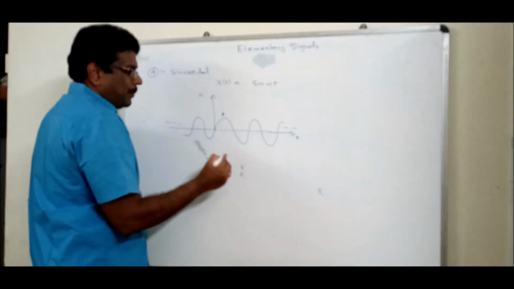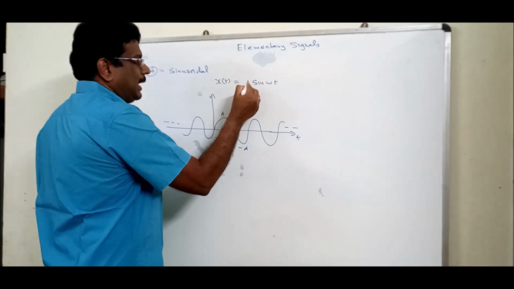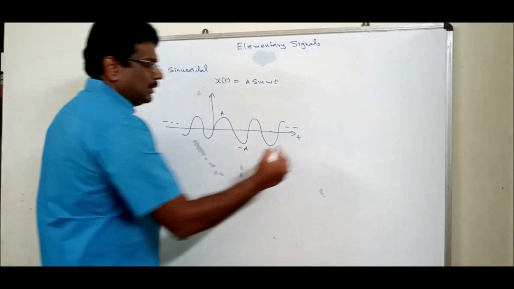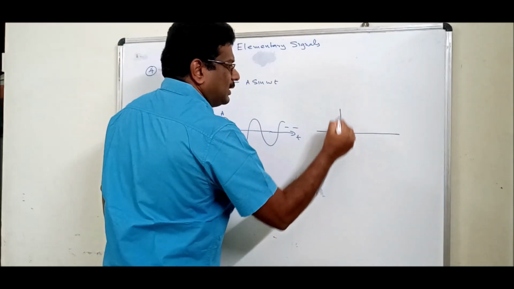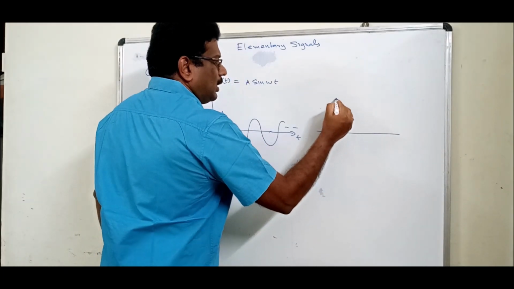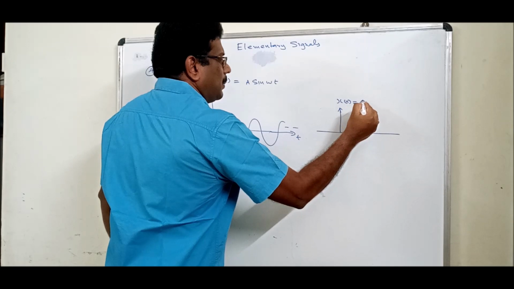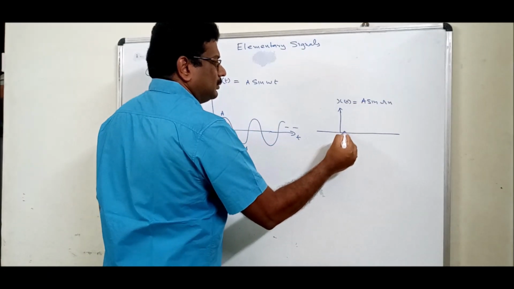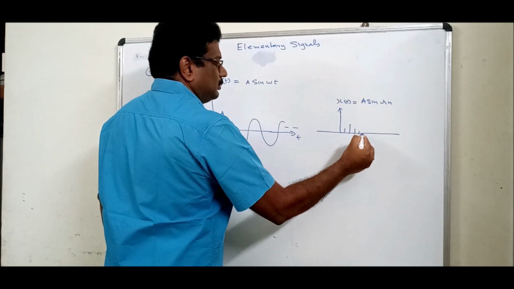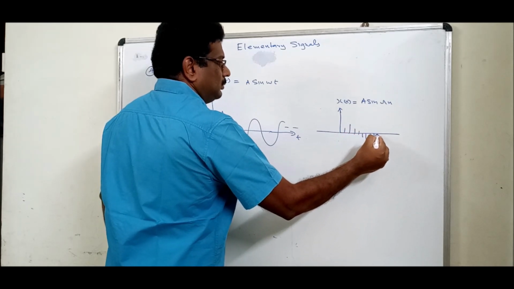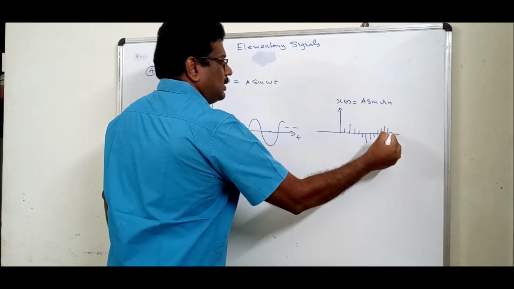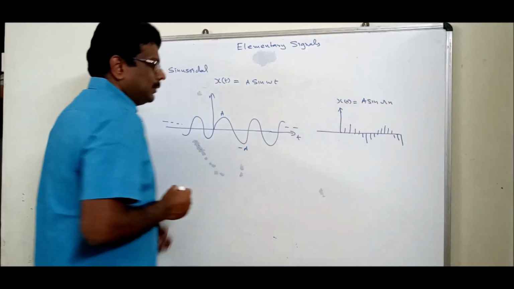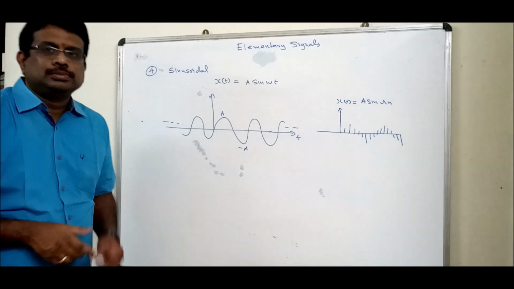Let us say the amplitude is A, so A sine omega t. This is for continuous. The same I can have for discrete. Most people cannot imagine what a discrete sinusoid is. This is your discrete sinusoid, sine omega n.